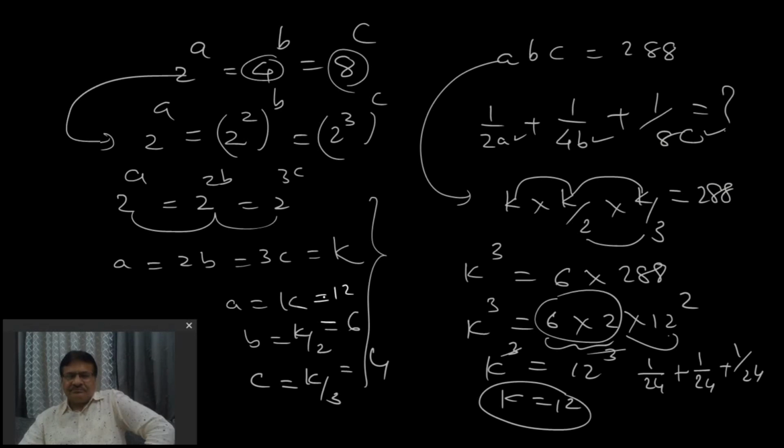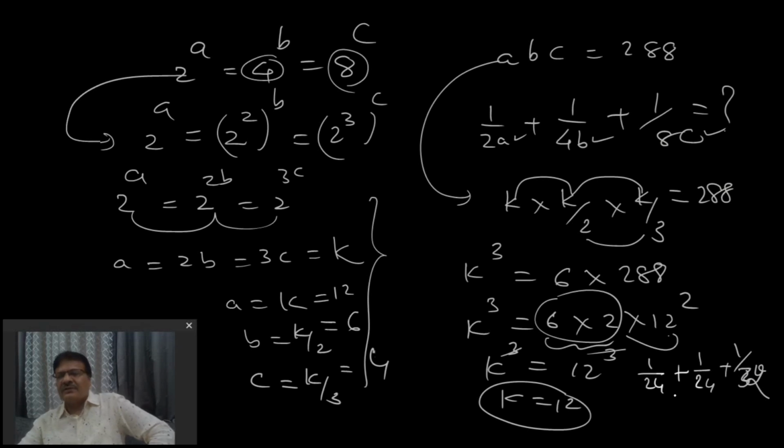So finally what do I get? Sorry, just a minute. This c is 4 and it is 8c, so 8 times 4 is 32 guys. This is 32, okay. And this is 4b and b is 6, 4 times 6 is 24. This is correct. 2a, a is 12, 24.